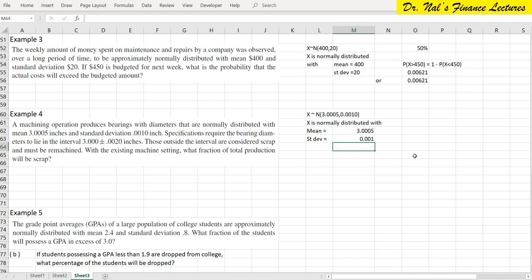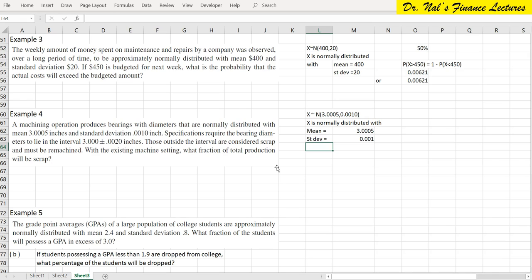The question is, specifications require the bearing diameters to lie in this interval. Those outside the interval are considered scrap and must be remachined. With the existing machine setting, what fraction of the total production will be scrap? So basically we want to find the probability outside that range.